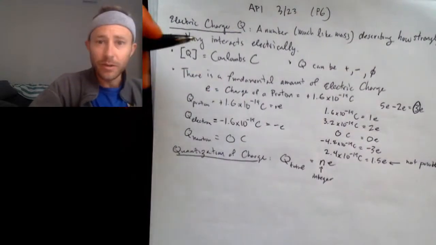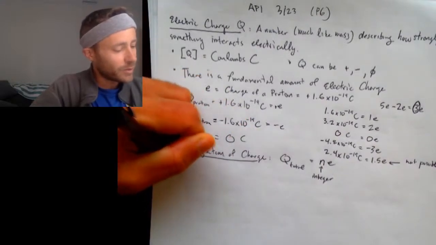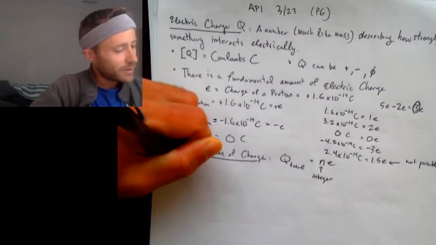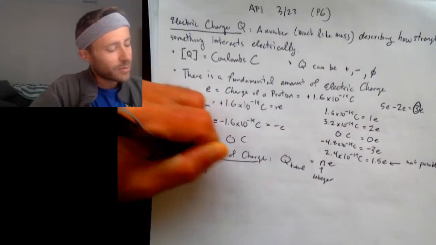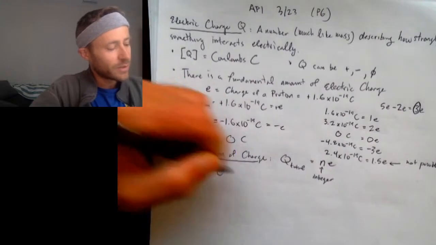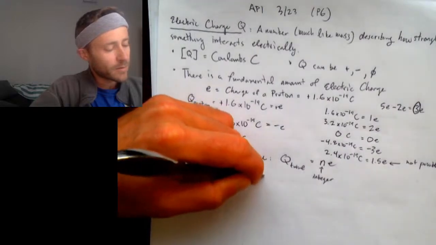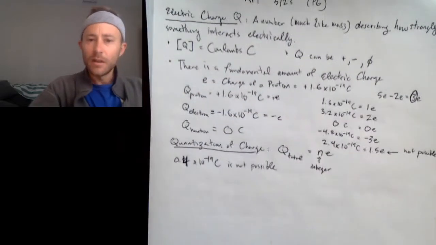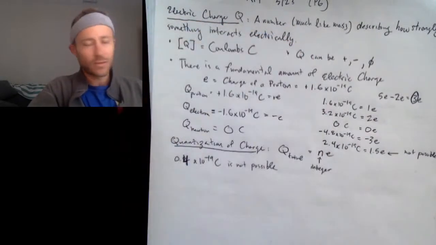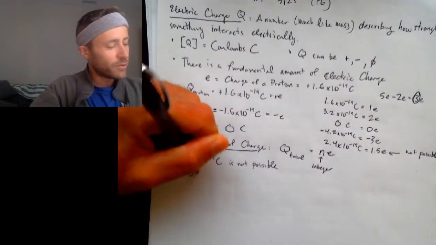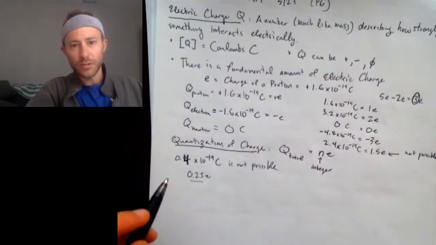Another thing we could think about is, let's say 0.4 times 10 to the minus 19 coulombs of charge is not possible. Because 0.4 is a quarter of 1.6, so this would be 0.25e. Again, that's not a whole number of fundamental charges.